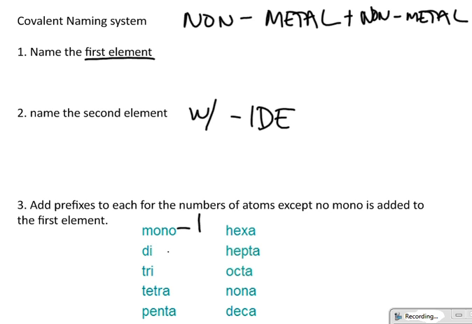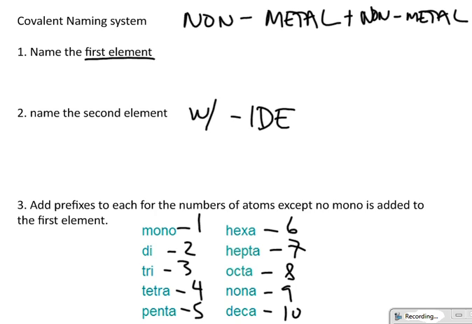Mono is 1, di is 2, tri is 3, tetra is 4, 5 for penta, 6, 7, 8, 9, and then 10. Those are all the prefixes that you use.